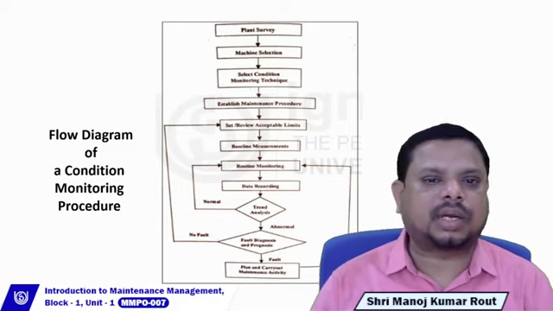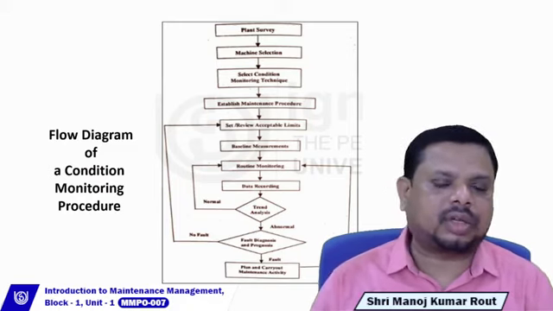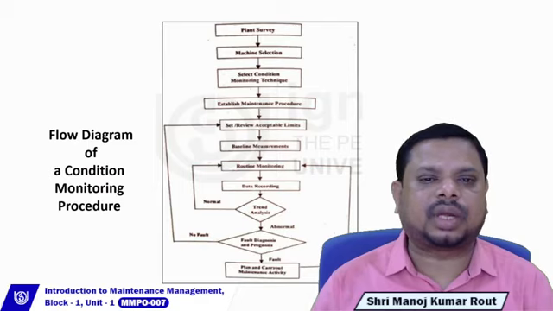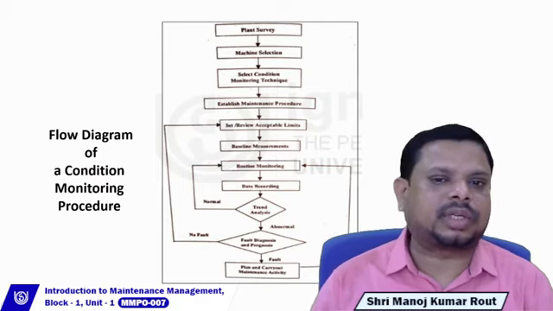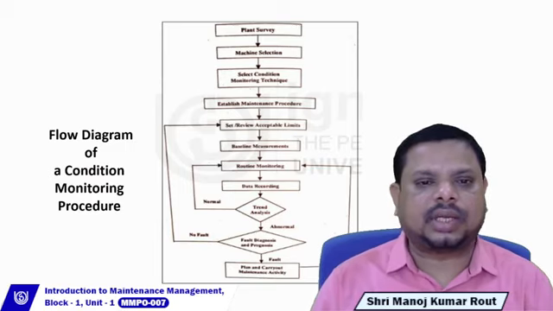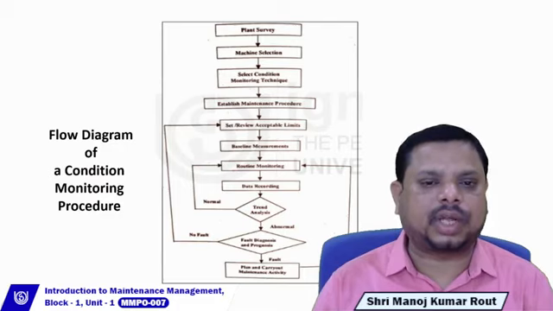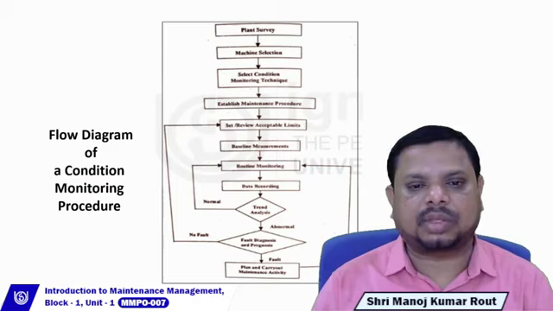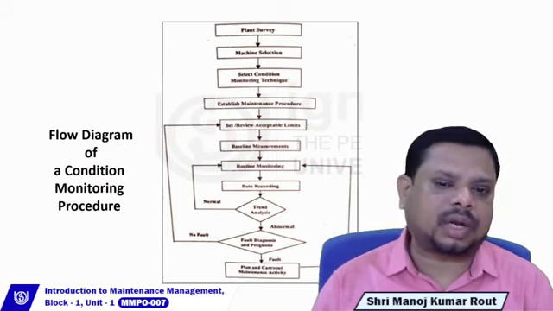The first one is plant survey. Under the survey, you have to identify which division has which type of machines. Next we have machine selection. Next is the selection of condition monitoring techniques, whether you go for visual inspection or maybe non-destructive testing. The next we have to establish the maintenance procedures, maybe unplanned procedures or planned procedures.